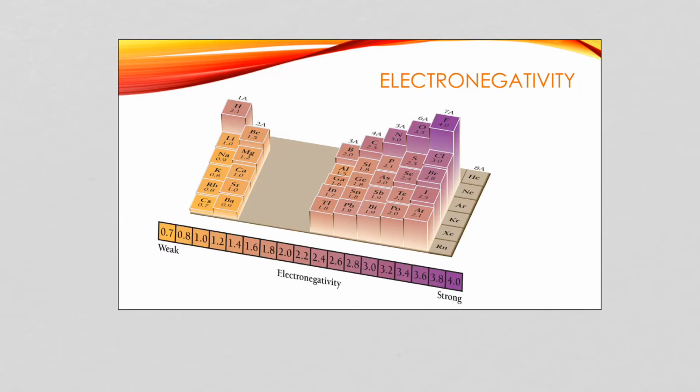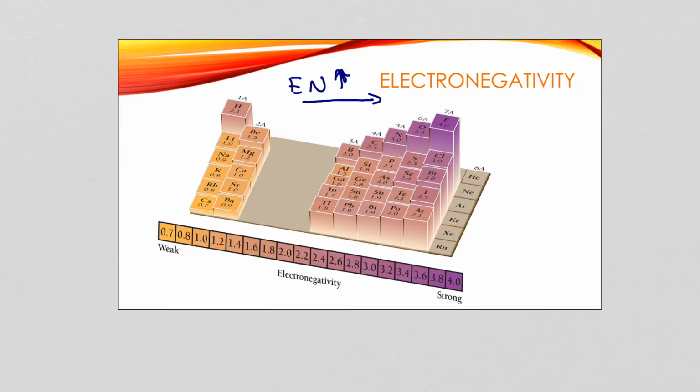So here's a table of electronegativities, and this is again one of our periodic trends. If we look at the trends and we look at our main group elements, we can see that as we go left to right on the periodic table, the electronegativity goes up, right? So as we go across a period, the electronegativity gets gradually higher.